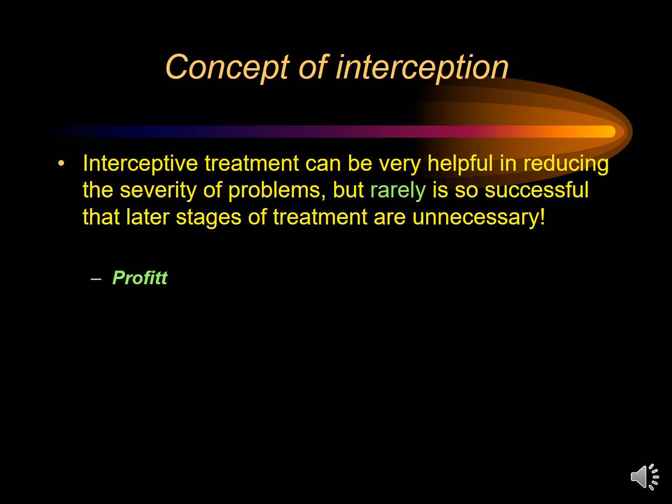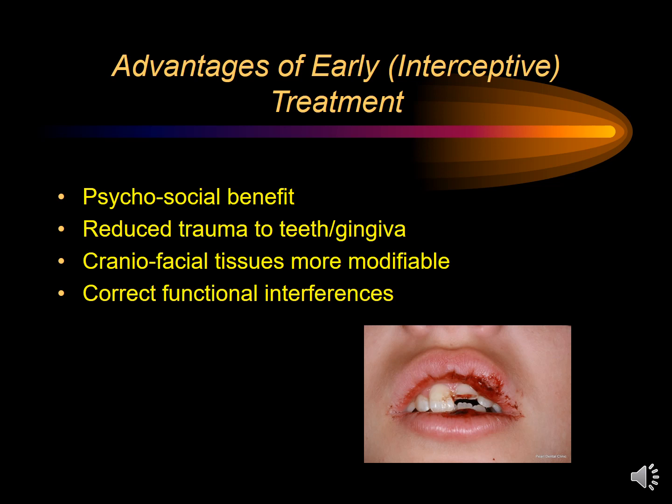Now, Proffit is of the view that interceptive treatment is very helpful in reducing the severity of problems, but rarely is so successful that later stages of treatment are unnecessary. The advantages of early interceptive treatment: one is psychosocial benefit. A lot of patients, for example with protruding teeth, are subjected to teasing in schools, and these children will benefit psychosocially.